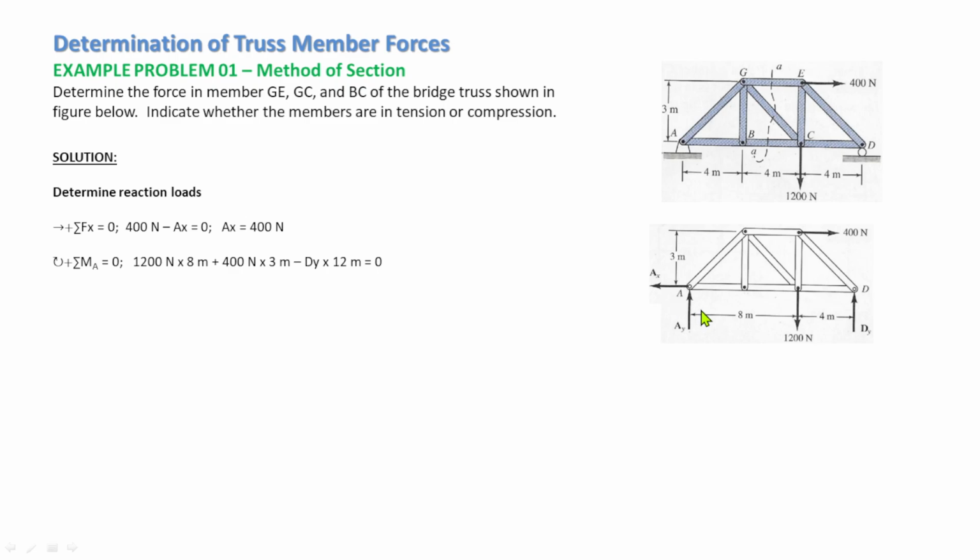Then the next one is to sum up moment at A, or we can also sum up moment at D, but here we have a summation of moment at A. So the 1200 newtons is positive clockwise with respect to point A, times the moment arm of 8 meters, plus 400 newtons times the perpendicular distance of 3 meters, that is the moment arm, minus Dy times 12, 8 plus 4, from here to there, is equal to 0.